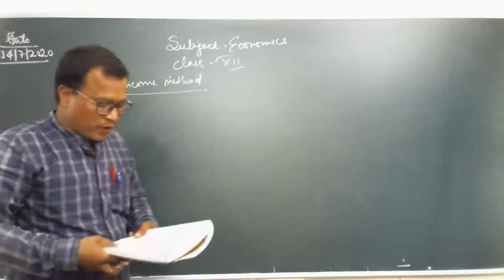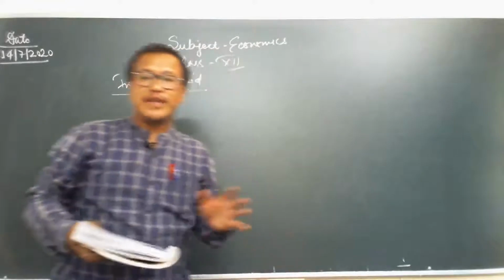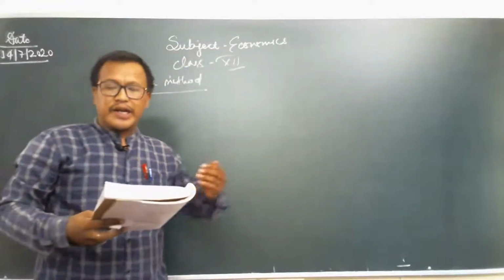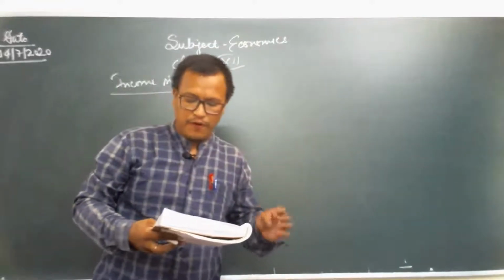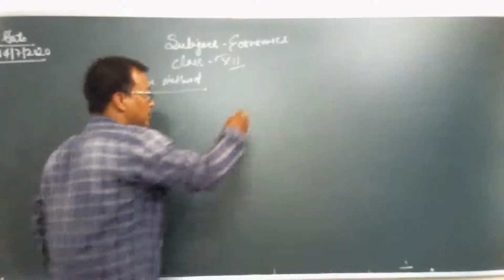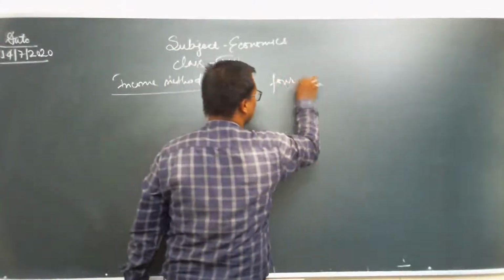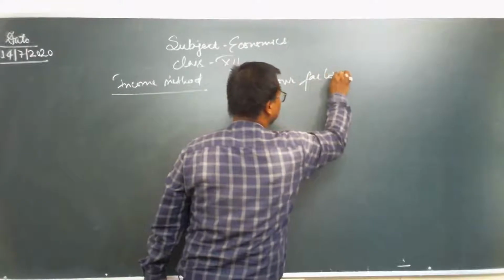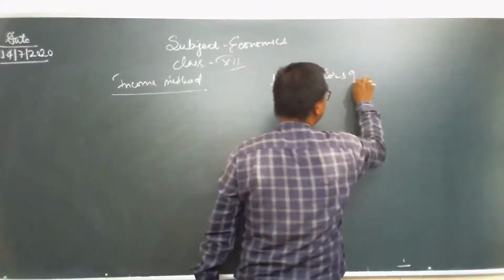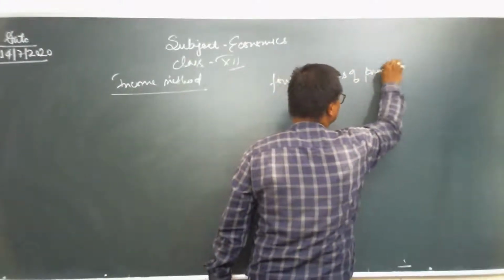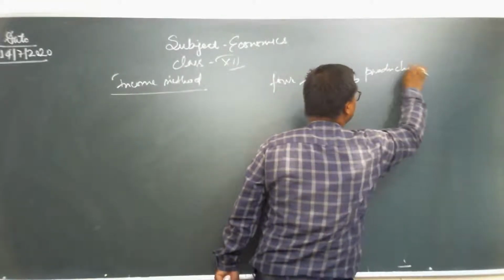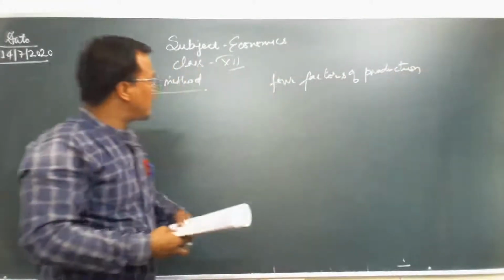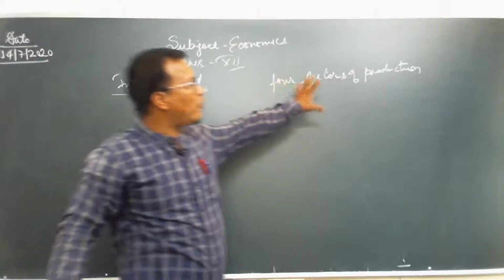Income method. So the income method measures national income generated by the four factors of production. All the income generated from these four factors of production.